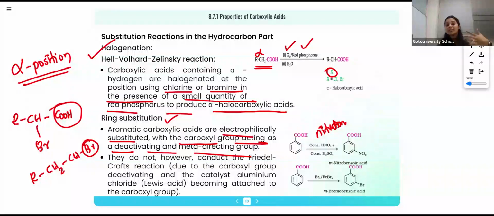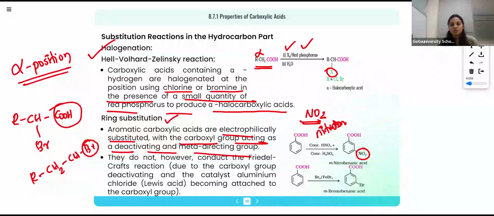If you want to substitute with a nitro group, NO2, we do the nitration reaction. We heat the compound with the nitrating mixture. Then the NO2 group will come at the meta position.